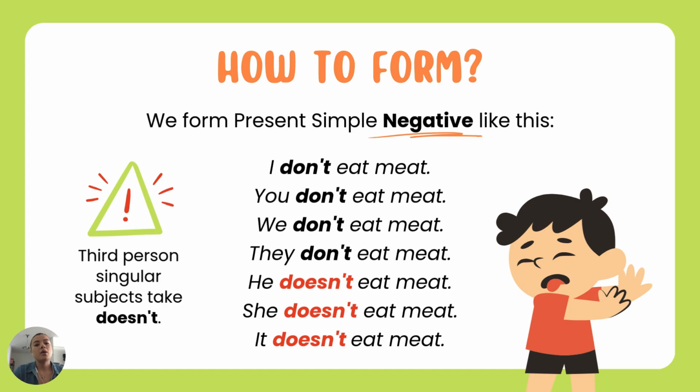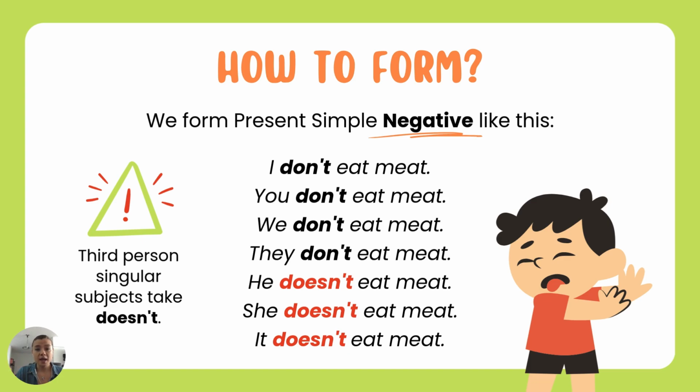Now, talking about negative sentences. When you have negative sentences, we are going to have an auxiliary verb. So you are going to use don't or doesn't depending on the subject pronoun that you have. When you have I, you, we, and they, you use the auxiliary don't, and when you have he, she, or it, you use doesn't. And then how are you going to use your verb?